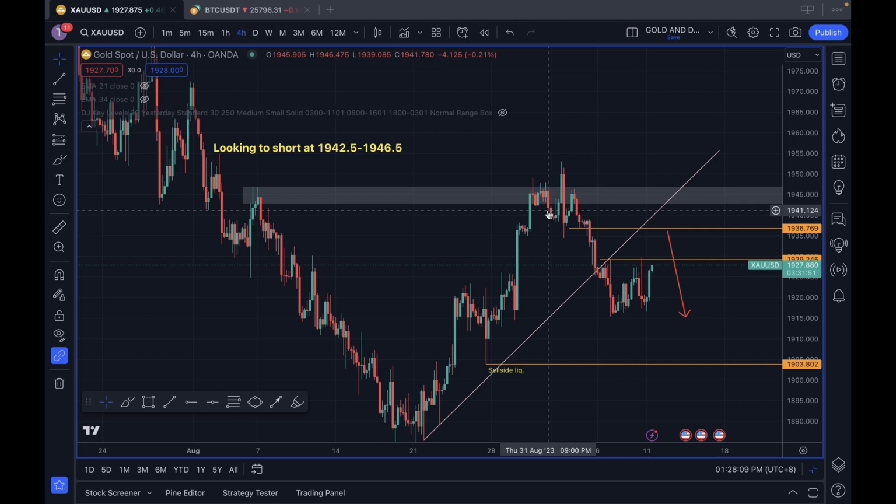But I wasn't taking a short right here yet because there was a possibility that price was still in a bullish bias, because price on the H4 and on the daily chart itself had not broken structure. It was still intraday bullish, and so I had not taken any short. I wouldn't long over here as well because it is at key resistance.